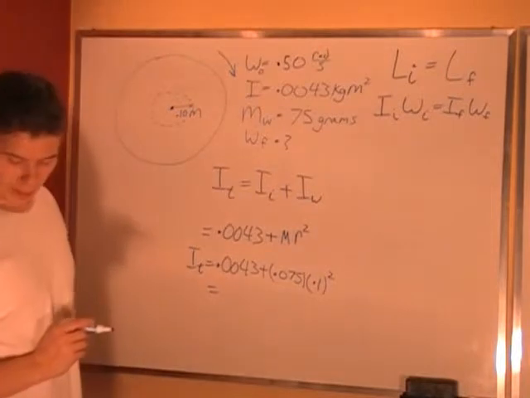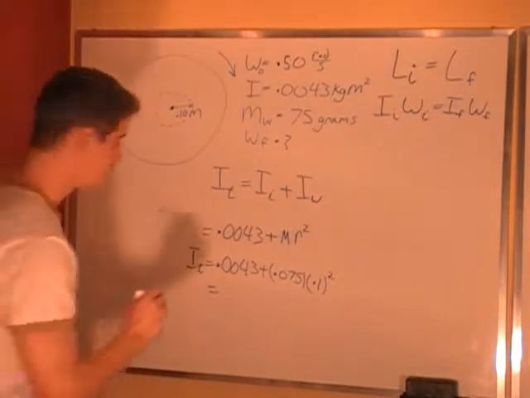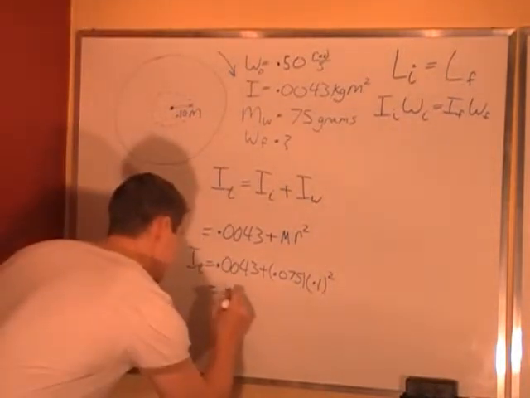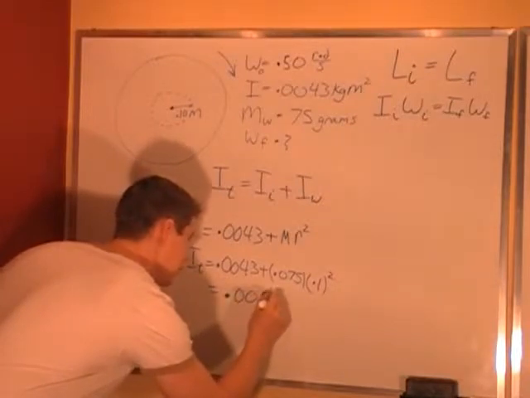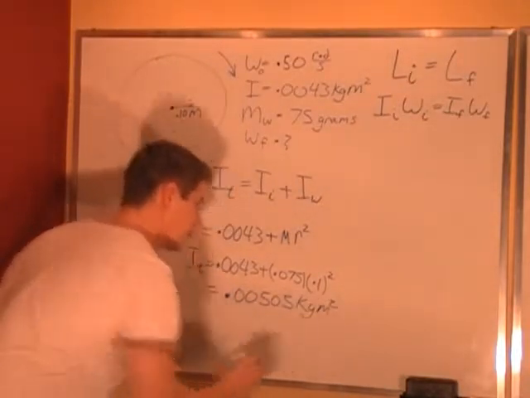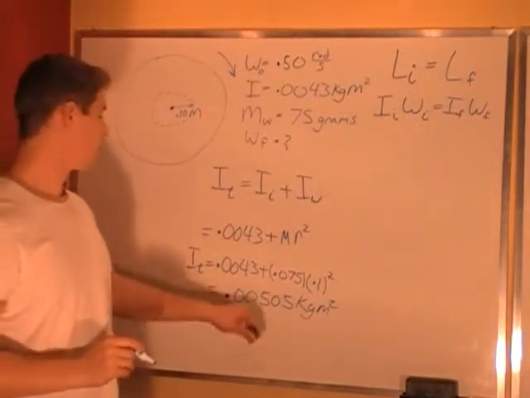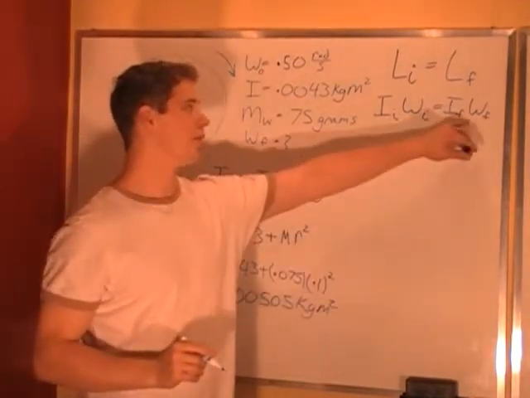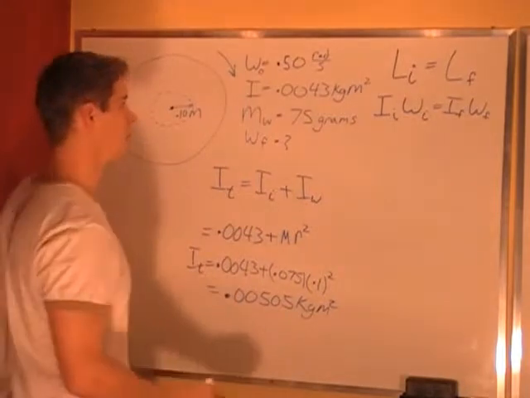Add that up, and we get a total moment of inertia of 0.00505 kilogram meters squared. We use this in the conservation formula, and we'll figure out our final angular velocity.